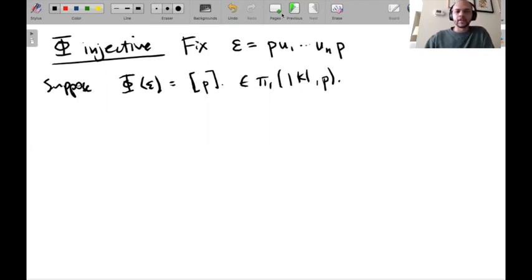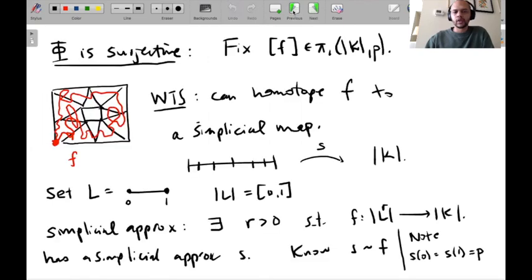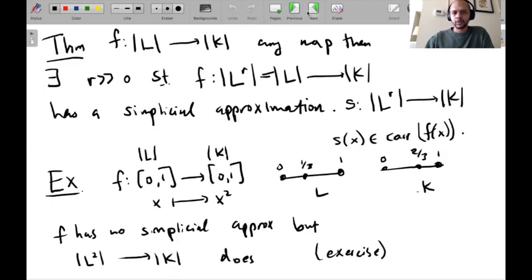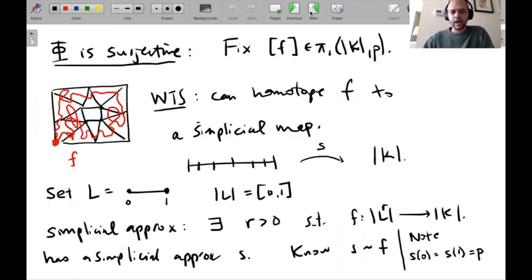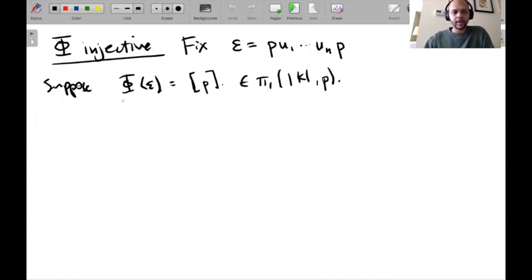I'm being a little sloppy when I write this. You should map the edge loop to the homotopy class of this, since pi 1 is homotopy classes. I'm maybe going to be a little sloppy in distinguishing between homotopy classes and an actual map.